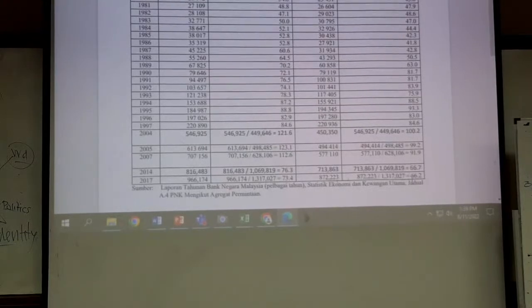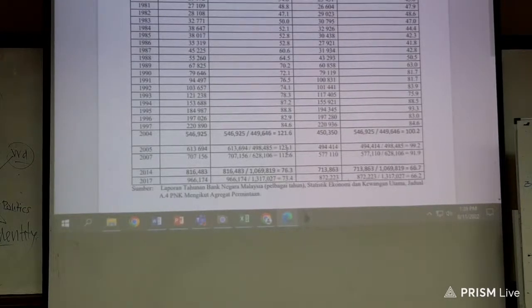So what I'm saying, Malaysia is a small and what? Small, open economy. The size is small, open economy. So the question is, is size important in this?